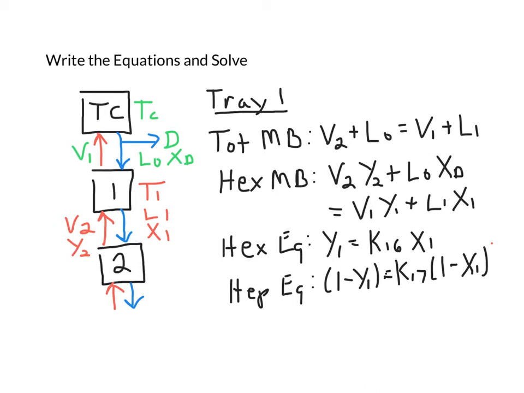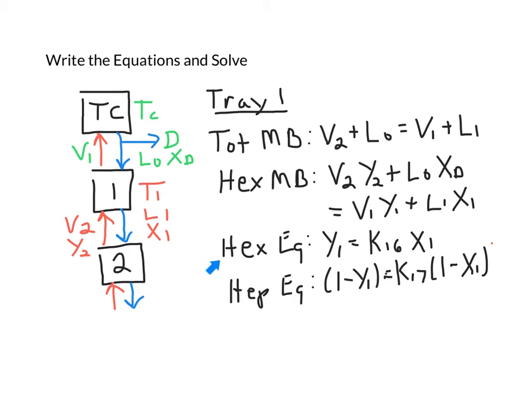So for the equations, we have the total mole balance, V2 plus L0, those enter the tray, and V1 and L1 are the streams leaving the tray. The hexane mole balance is just the flow rates times the compositions, the mole fractions. Those are the two mole balance equations that are independent.